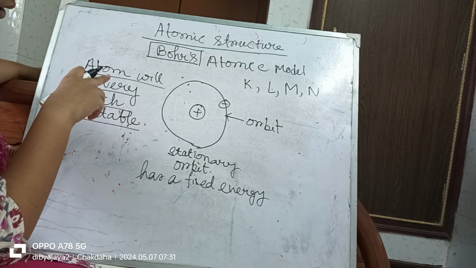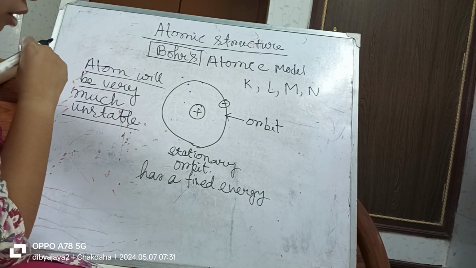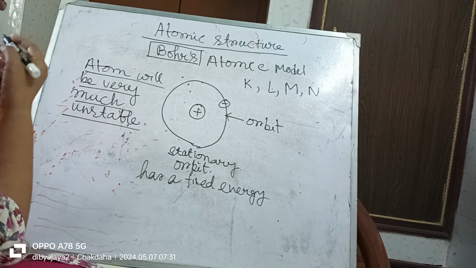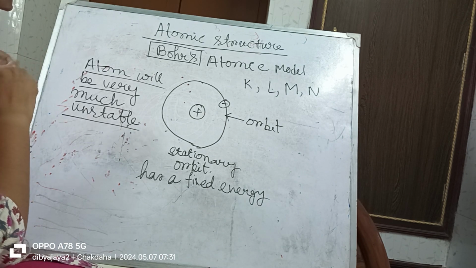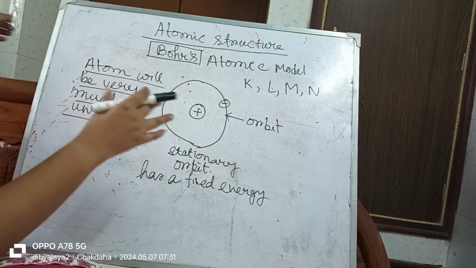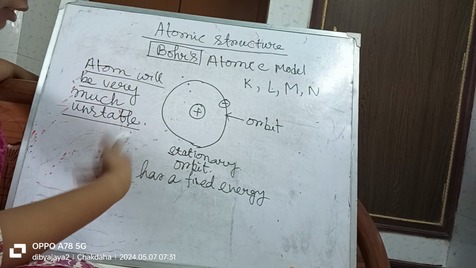Next is the discovery of the neutron. Now we can conclude that the proton and electron were already discovered. Then the mass is not equal to that of the electron, so where is the mass coming from?